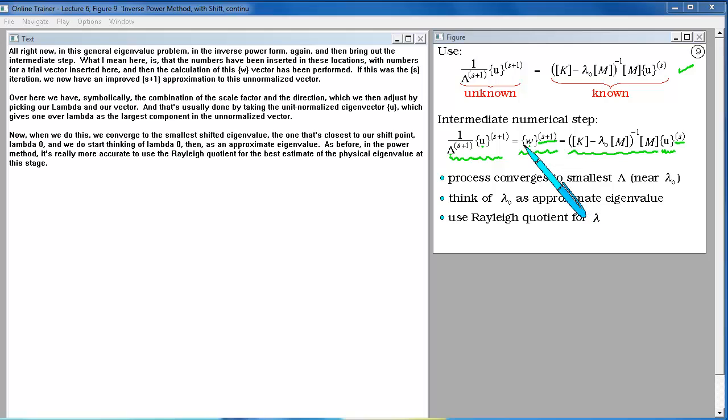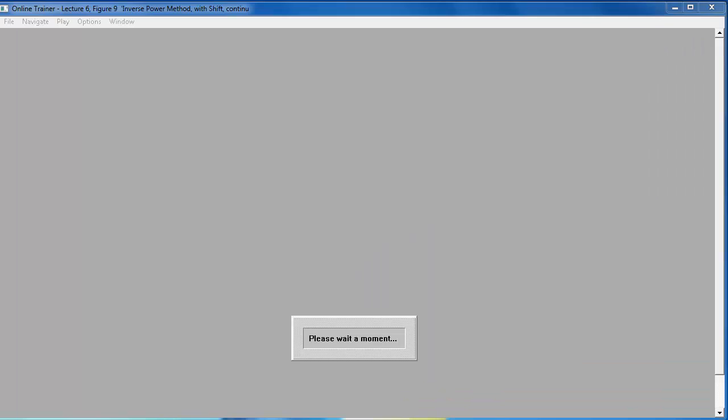Now when we do this, we converge to the smallest shifted eigenvalue, the one that's closest to our shift point, lambda 0. And we do start thinking of lambda 0 then as an approximate eigenvalue. As before in the power method, it's really more accurate to use a Rayleigh quotient for the best estimate of the physical eigenvalue at this stage.